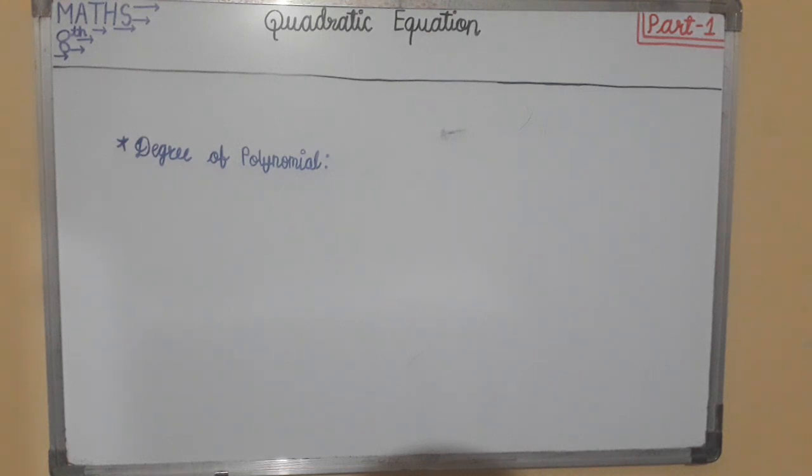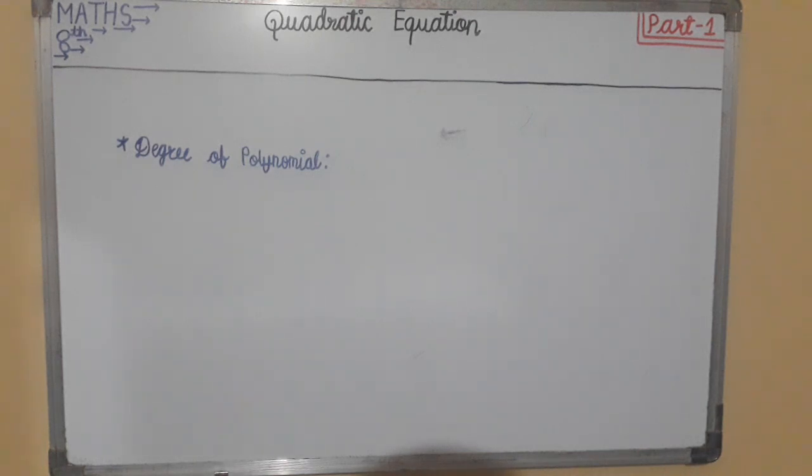When the degree of polynomial is 1, it is called a linear polynomial. When the degree of polynomial is 2, it is called a quadratic polynomial. When the degree of polynomial is 3, it is called a cubic polynomial. And when the degree of polynomial is 4, it is called a biquadratic polynomial.